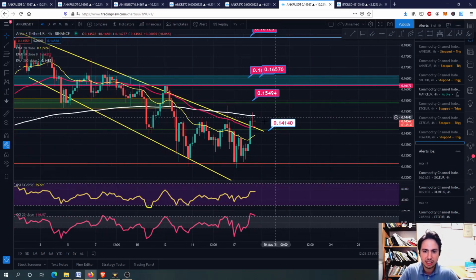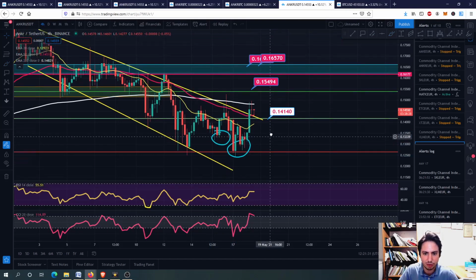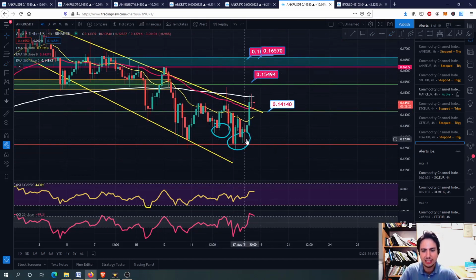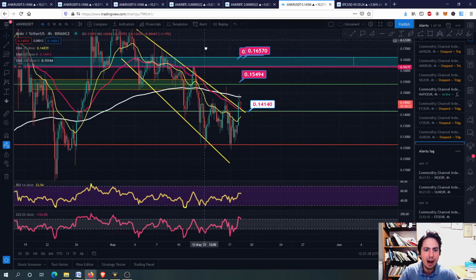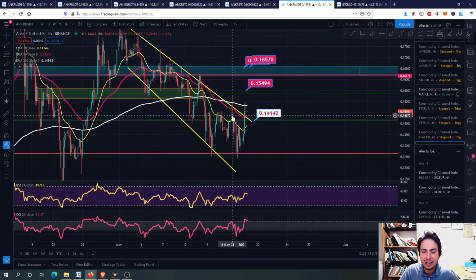So what we need to see here is higher lows, eventually not going below, guys, this level right here. Of course, right here we need to see higher lows, removing this trend pattern with lower highs and lower lows. You can see here, this is the bottom line connecting the bottoms, this is the top line connecting the tops, and you can see that in general the trend lines are lower highs and lower lows.